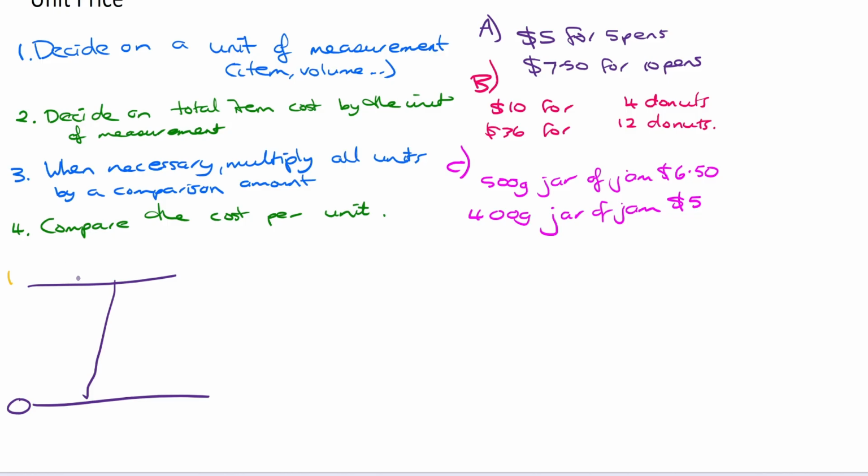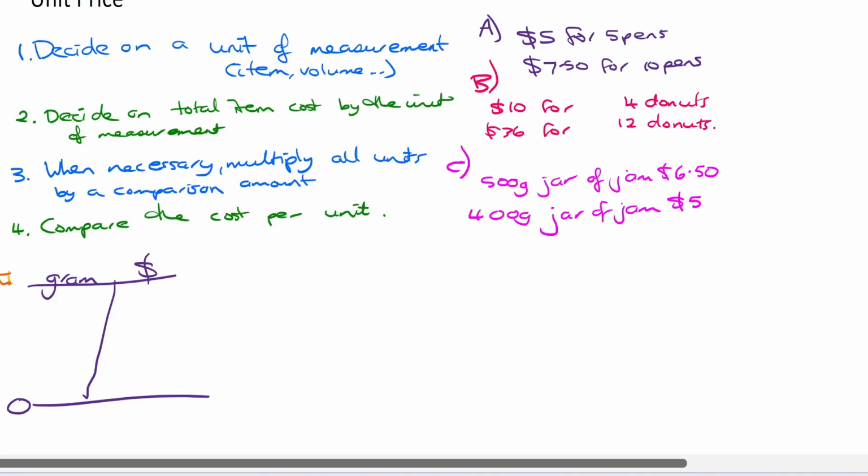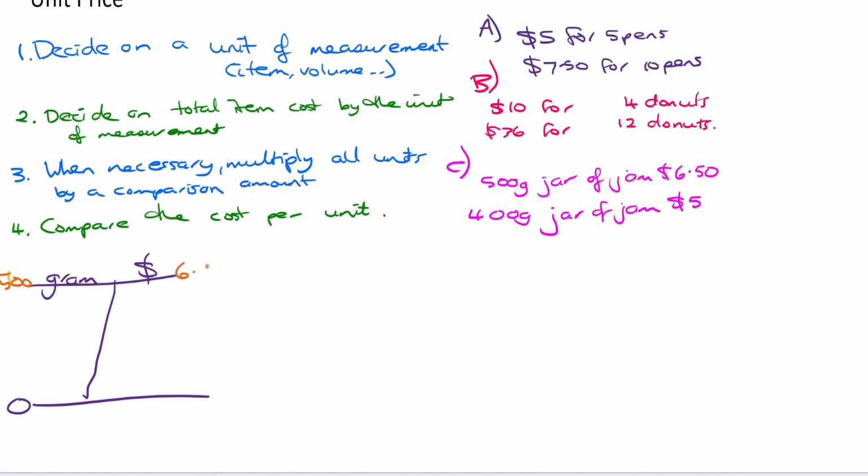When I look at the last example, that was comparing the grams of jam in a jar with the dollars. They did 500 grams for $6.50, and then they proceeded to do the calculation of 650 divided by 500 without the double number line, and they got a decimal.